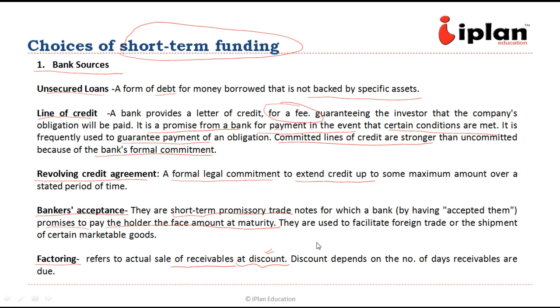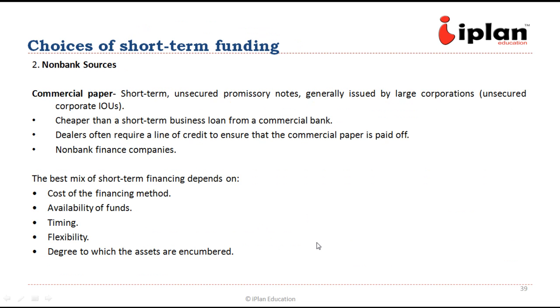Now let us look at the non-bank sources. The commercial paper is issued by the firm itself, and if it is a large firm with good creditworthiness in the market, their commercial paper will be accepted. It is short term and it is unsecured.